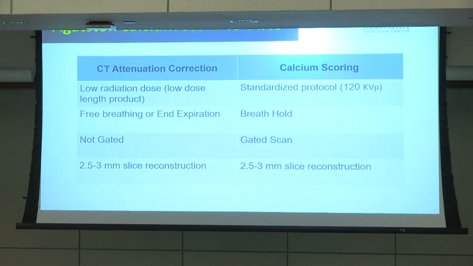It's free breathing, so we don't ask the patient to hold their breath. It's not gated, and we reconstruct at 2.5 millimeter. It's still very important to look at these and try to identify some abnormalities. Obviously, they're not diagnostic, but if there is a 5 centimeter mass in the lung, you will still be able to see it.